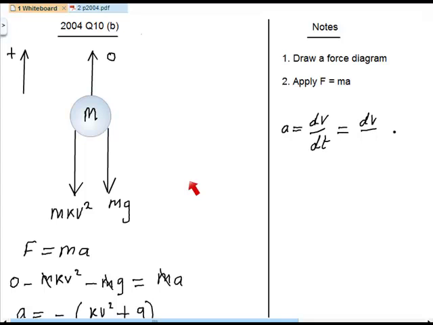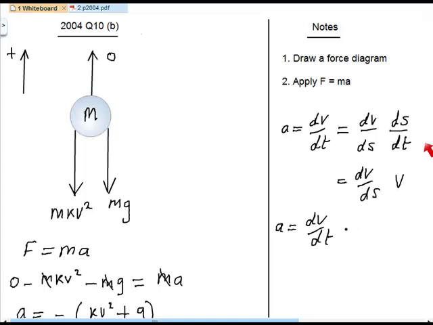It's dv/dt, and we can put in a ds above and below. And again, by definition, ds/dt, rate of change of displacement, is called v in our notation. So it's v dv/ds. This gives us two ways to write acceleration, dv/dt or v dv/ds.